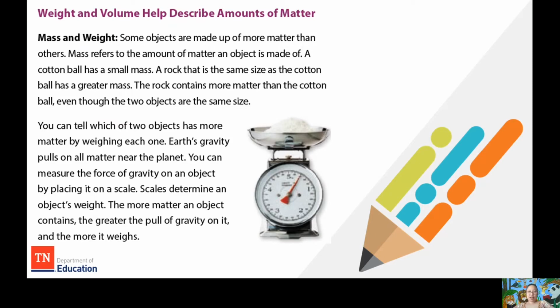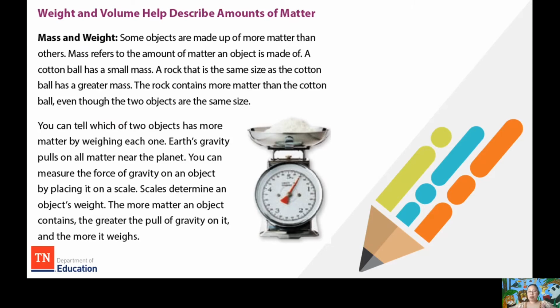Brian talked a little bit about that in talking about both the marble and the tennis ball, as well as the chalk. So mass and weight. Some objects are made up of more matter than others. Mass refers to the amount of matter an object is made of. A cotton ball has a small mass.